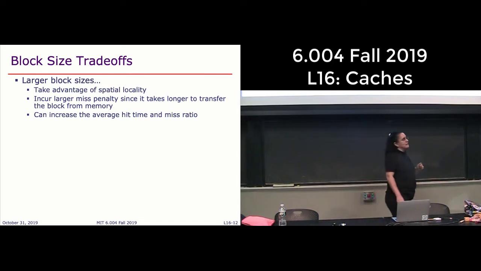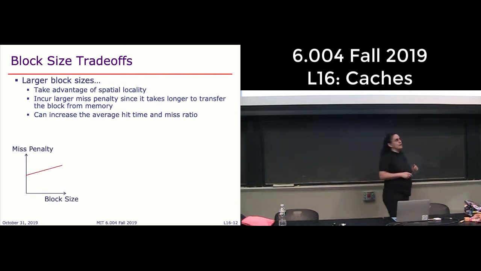In addition, depending on how I make use of this and how big I make my blocks, if the total number of words in my cache is fixed, then by making the number of words in my block larger, I'm making the number of lines in my cache smaller. And so I might start to have more misses because the number of lines is smaller.